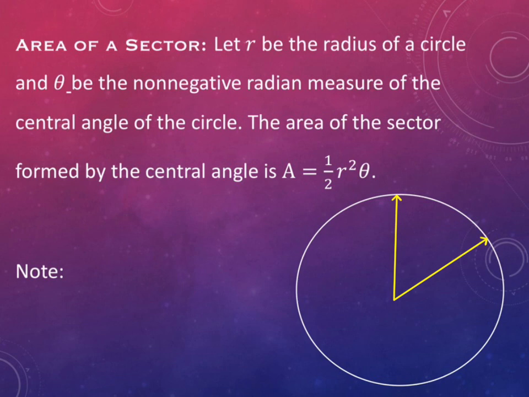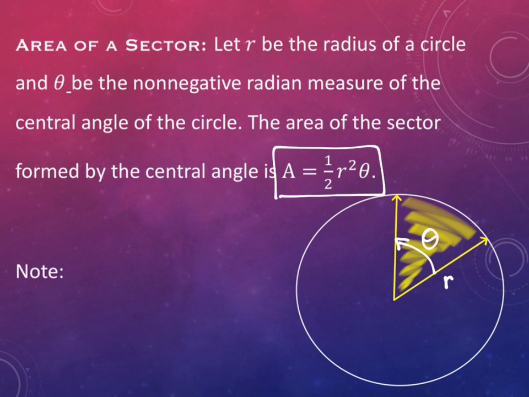And what we're finding is the area inside. Now, it is still hinging upon the radius. The radius matters. And the angle theta matters. And the theta is still given in radians. Okay, so that's still happening. And this is the formula for the area. It's 1/2 r squared theta.